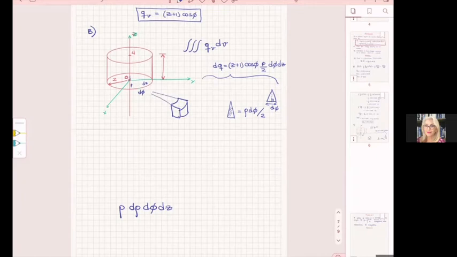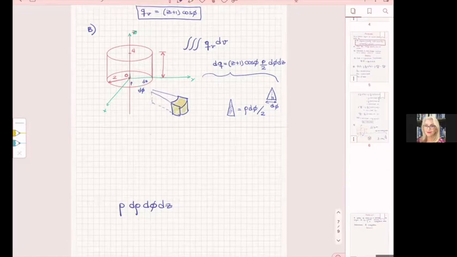I tried to avoid integrating along rho, but obviously I had a problem somewhere. So this is now the differential if we use that formula. And to find the volume, we will have to integrate from 0 to 2, from 0 to 2 pi, and from 0 to z.